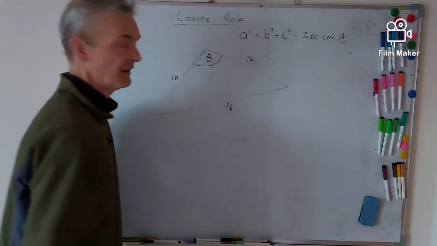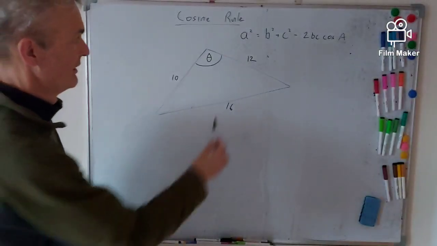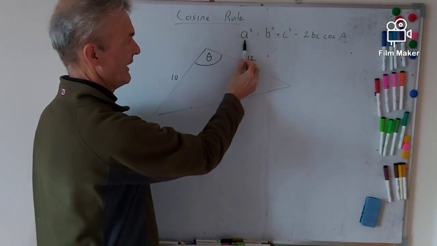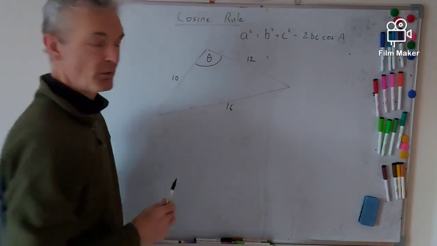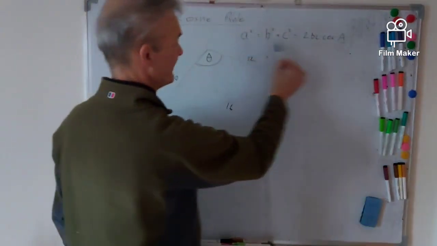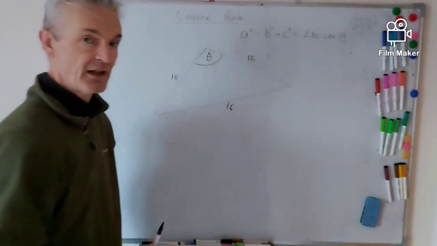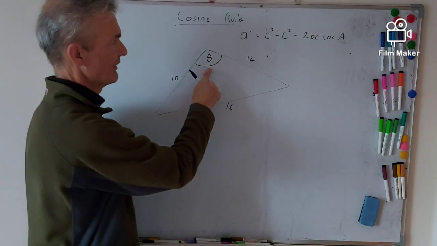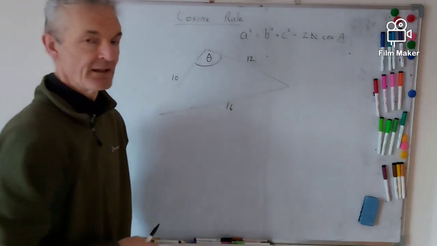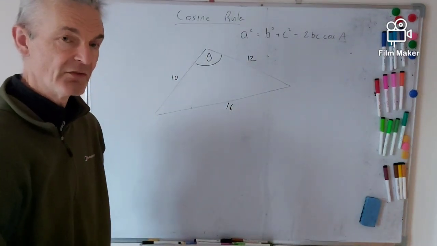We've got to use the same formula, but notice this formula is set up so that we get A as the answer. So we're going to have to take our formula and rearrange it so that we get cos as the subject of the formula.